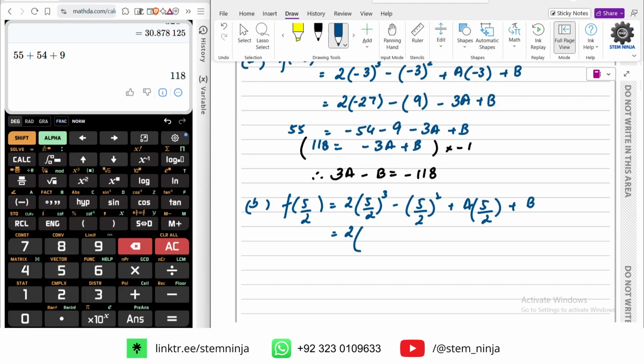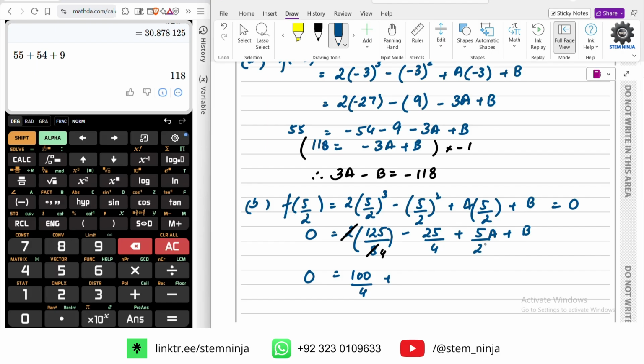Okay, so 2 times 125 over 8 minus 25 over 4 plus 5 over 2 a plus b, and this is equal to 0. Right, okay. 2 times 125 over 8 is 125 over 4, minus 25 over 4, that will lead us to 100 over 4 plus, let's make denominators the same on both sides because the other side is 0.